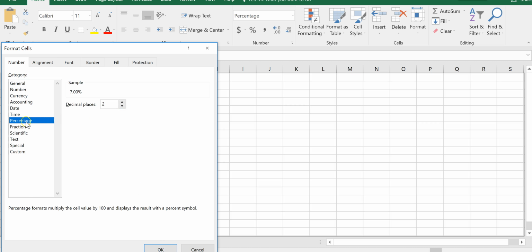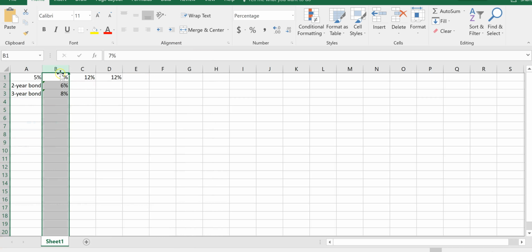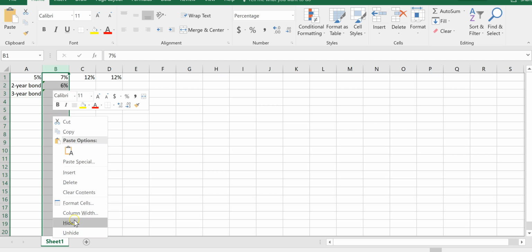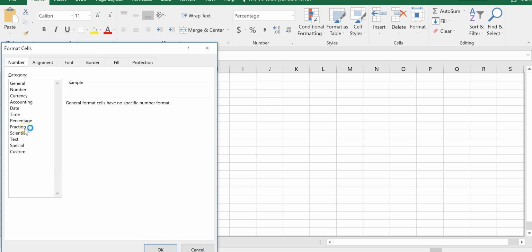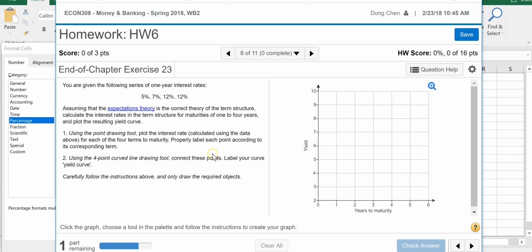And you can do that in Excel by right-clicking the mouse on the cell that you want to change, or in this case, I just want to change all the columns here. So I click on this column, right-click, and choose Format Cells, then Percentage, based on the requirement.